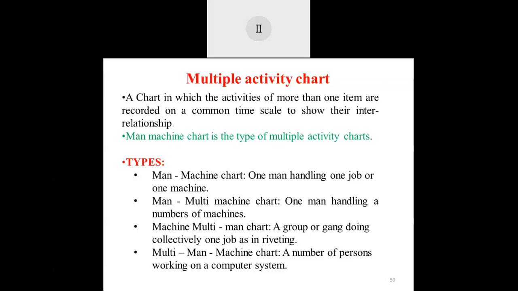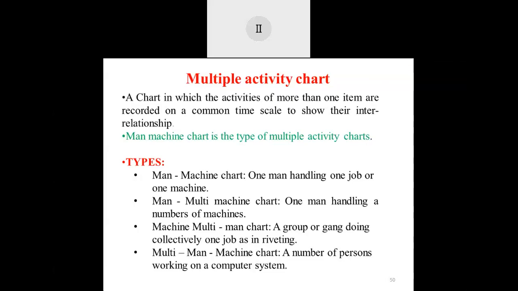Then another possibility is the multi man machine chart. So here a number of persons are working on a computer system. Here the number of men is more than one, and the number of machines is also more than one.